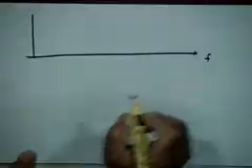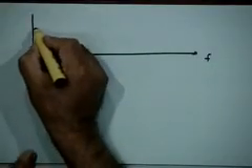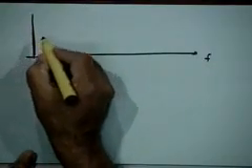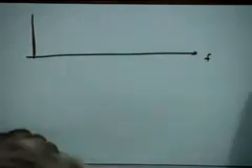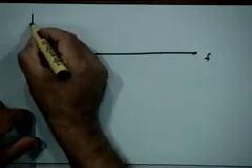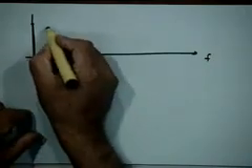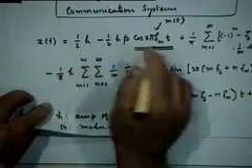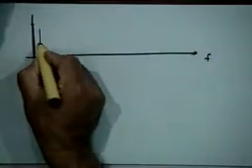If you want to plot this, the spectrum will look something like this. You are plotting it as a function of frequency. As you can see, there is a DC component, this one, and then there is a component at fm.